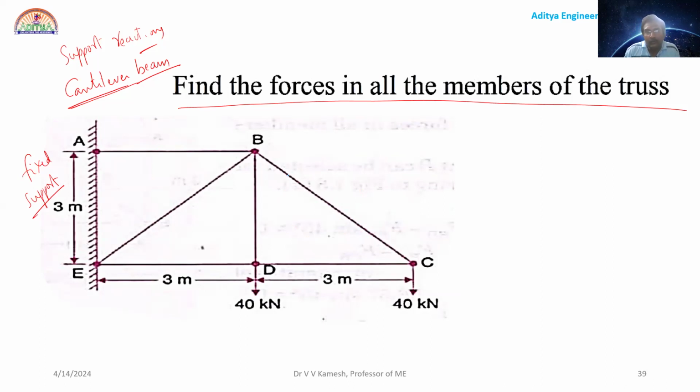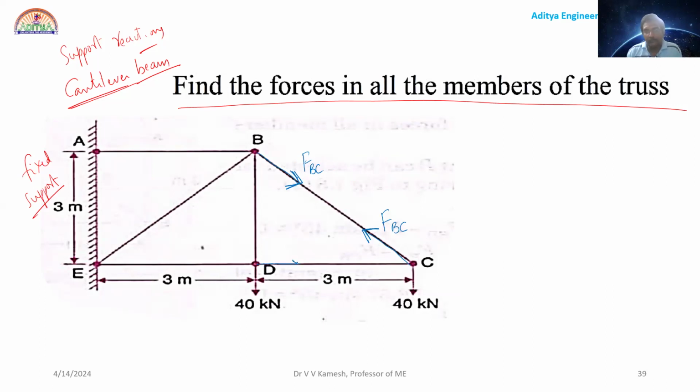Now you go to BC. There is a force from B, FBC. There is a force from C, that is FBC. It is compression of the member BC. Next, CD.